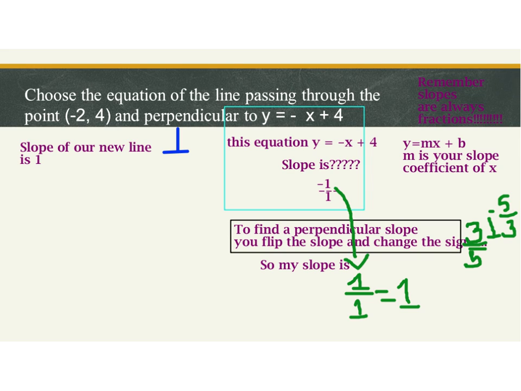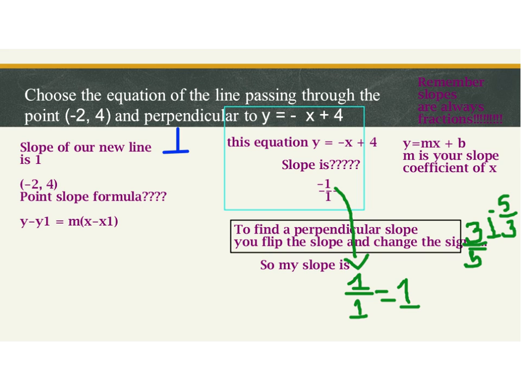But they give us a point, (-2, 4). How many of you remember the point slope formula? y minus y1 equals m times x minus x1.